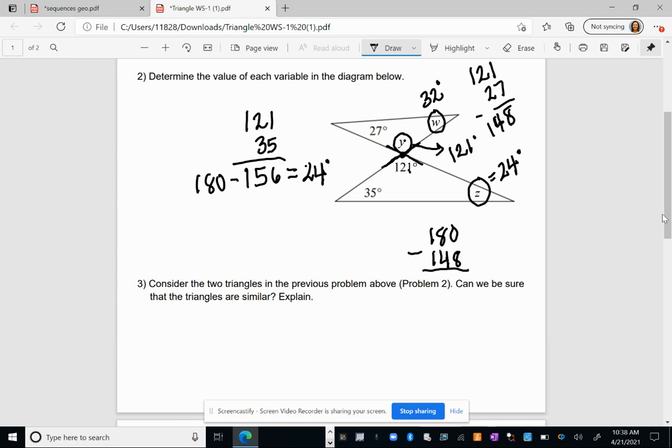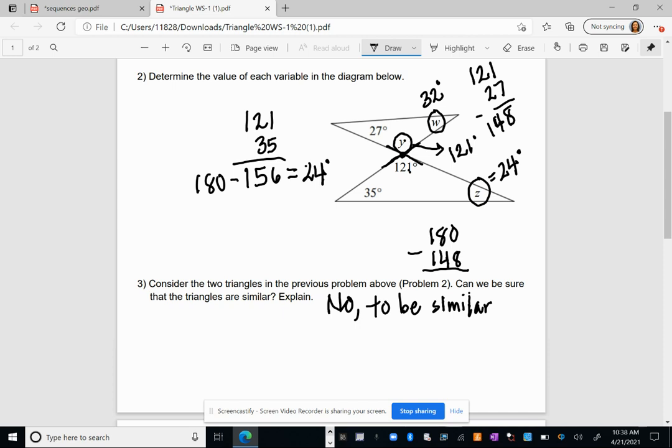So it says, how can we be sure that they are similar? Explain. No. To be similar, I mean, ultimately, you have to have all three angles the same. Once you see two are the same, that's enough.